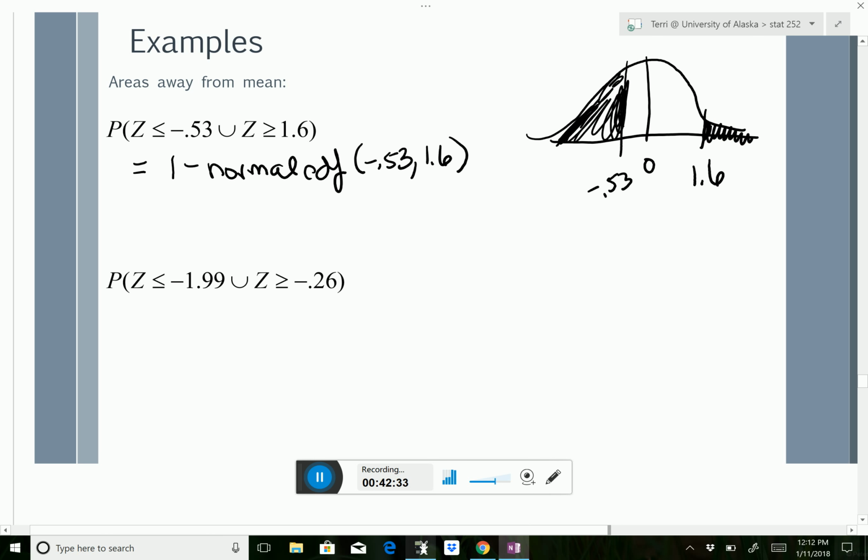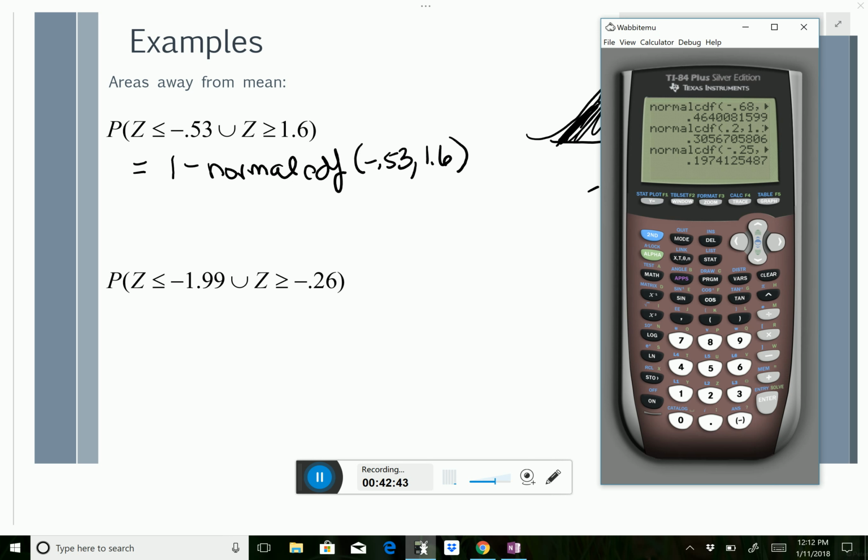So what I'm going to do is take 1 minus the area in here. So to do that, I can start by putting 1 minus on there before I go. Distribution, number 2. I want to go from negative 0.53 up to 1.6. And I have 0.3529.